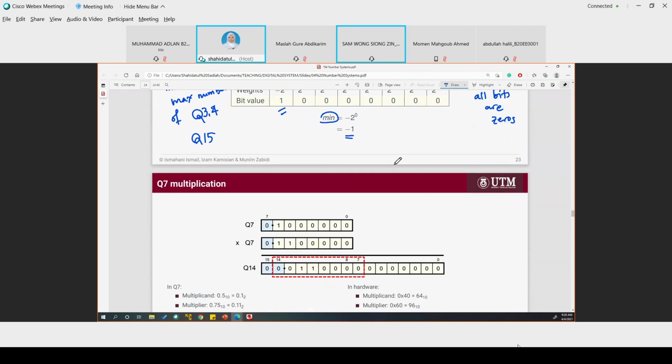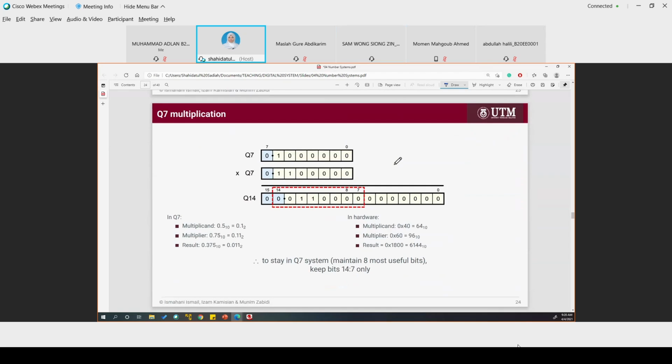Now let's move on to the next, which is the Q7 operation. Now we're talking about the Q7 multiplication, right? When we do multiplication of 8-bit and 8-bit, we will get a 16-bit result. But we want to stay using the 8-bit answer.